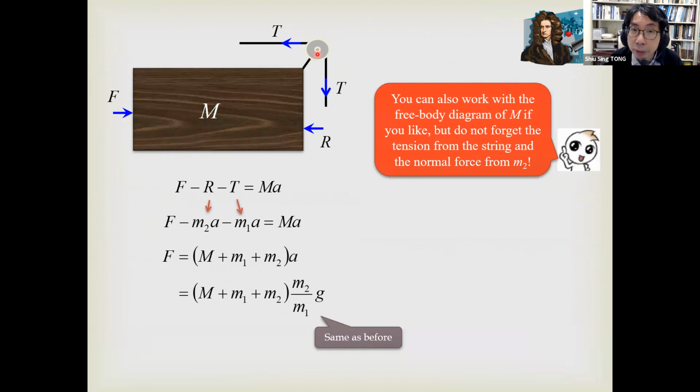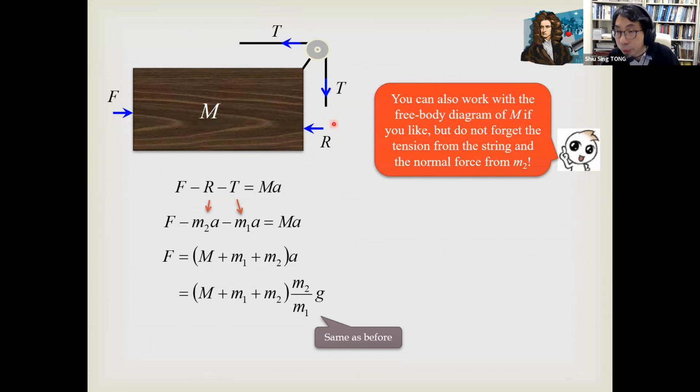The trolley is actually connected to the pulley, and the tension force from the string actually pulls on the trolley because it acts on the pulley, and the pulley is connected to the trolley. So the tension force eventually will act on the trolley. Of course, there's a horizontal force pushing the trolley, but there's a reaction force also from M2.